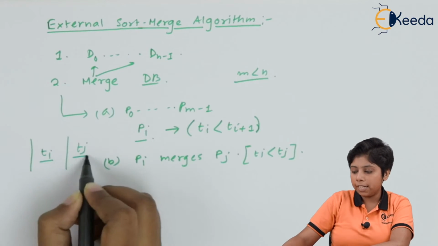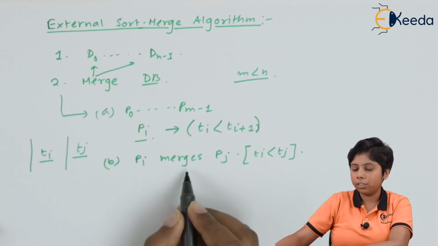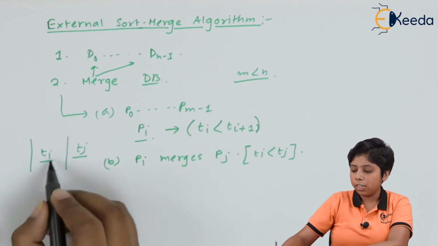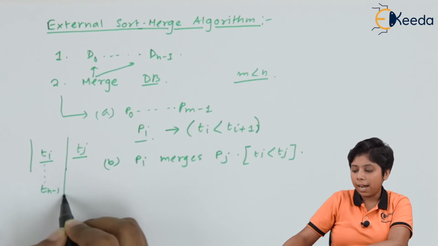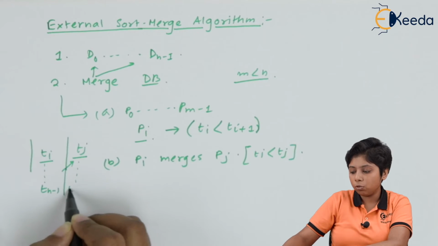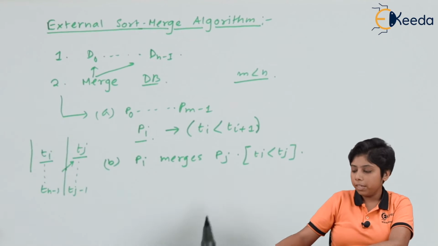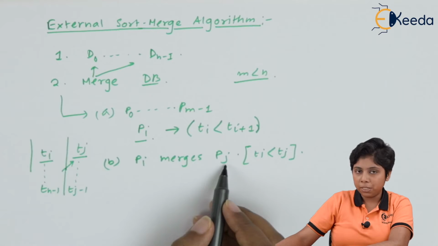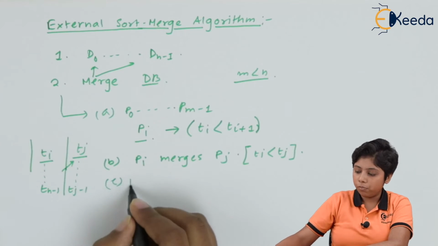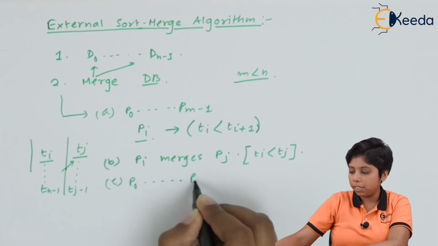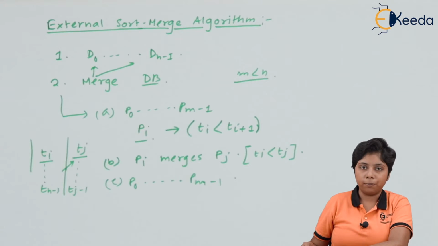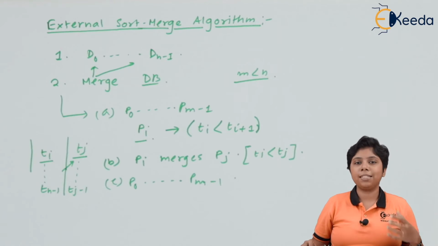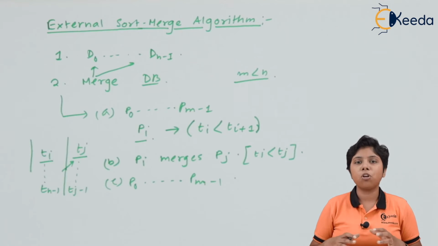If ti is less than tj, then we merge it on this pi, and if not, then we complete all the ti to tn minus 1, and finally continue with tj to tj minus 1, in which pi merges with pj. Finally, as a result, we will have all p0 to pm minus 1 merged with each other in a single sorted run. So in this way, we can perform the external sort merge to get the parallel result onto this sorted one.